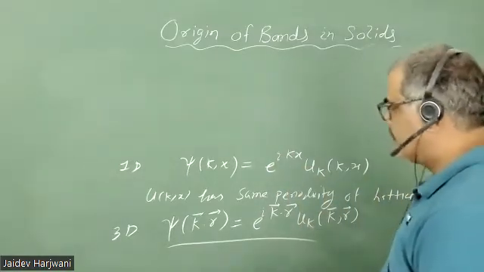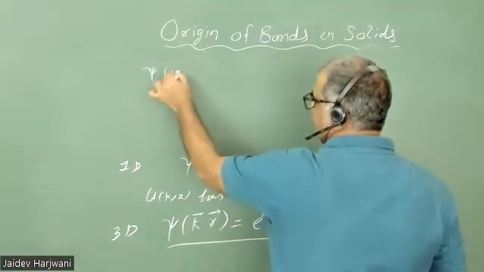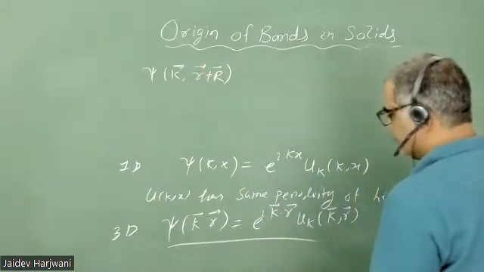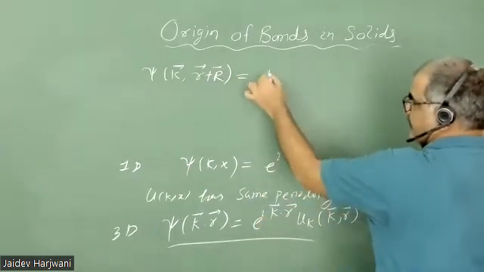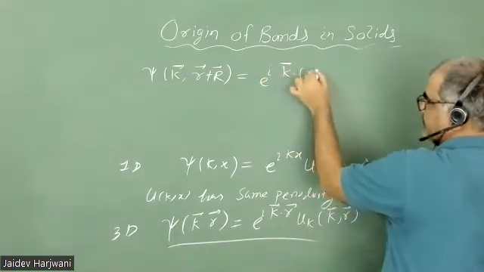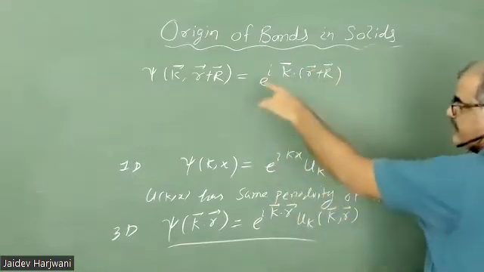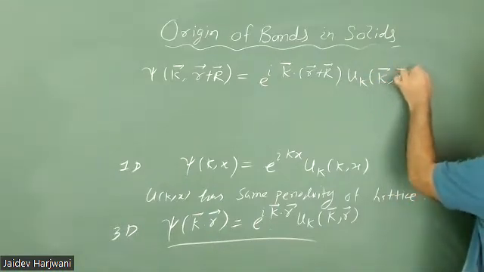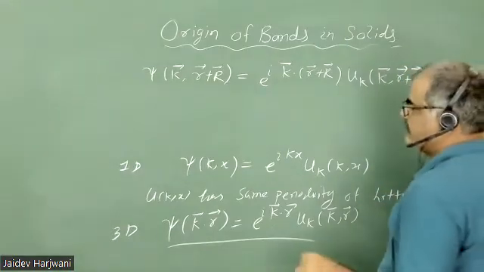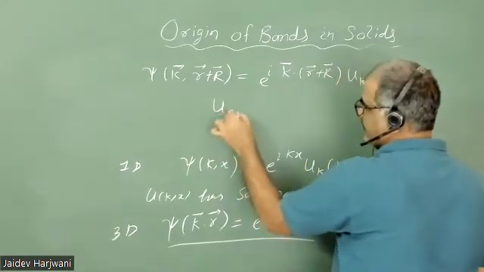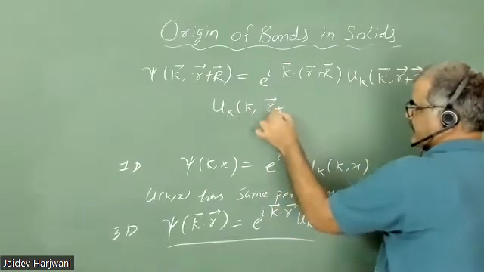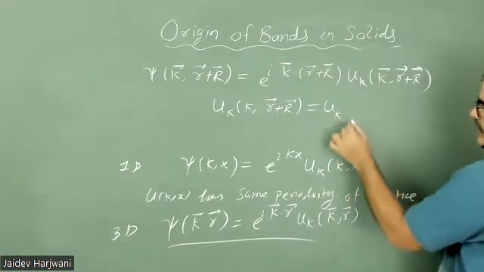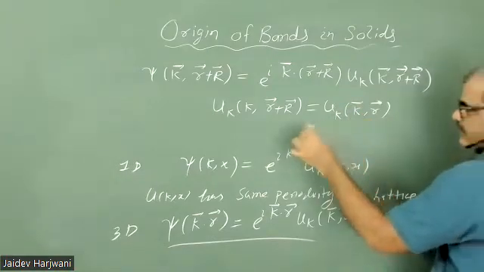Now suppose my lattice has the periodicity R. In that case I can write psi_k(r + R) by this definition, and similarly u_k(r + R). I know that u_k(r + R) is equal to u_k(r), because of the same periodicity of the lattice.